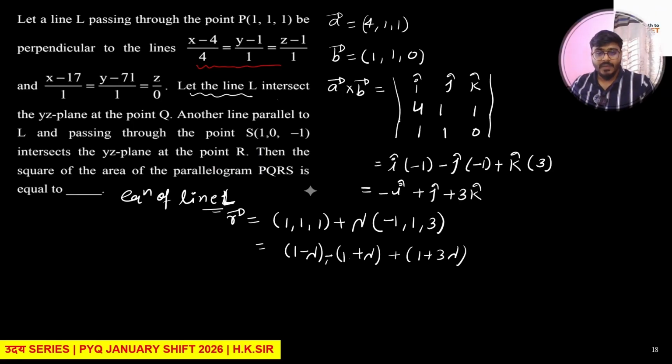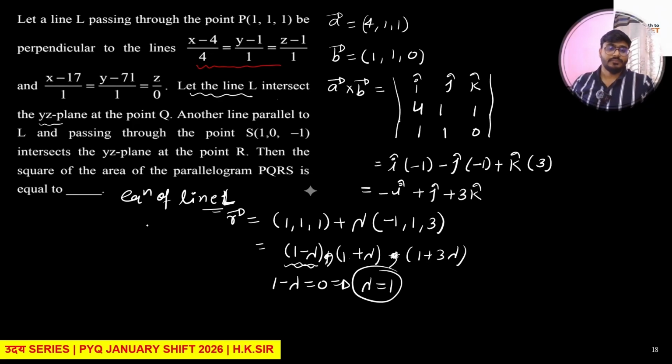The x coordinate is 0 because it intersects at the yz plane. So 1 minus lambda equals 0. That means lambda equals 1.